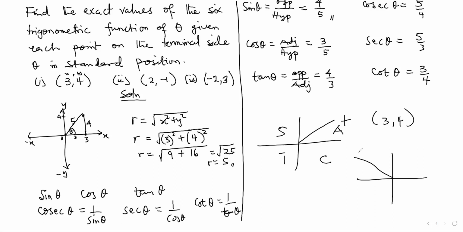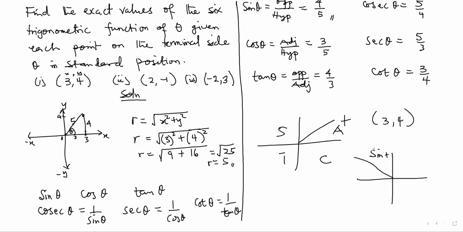If it were to be in the second quadrant, we know only sine and its inverse is positive. The remaining are negative. So cos, tan, and sec, we would have negated. But because over here sine is positive, you will not negate sine and its inverse.